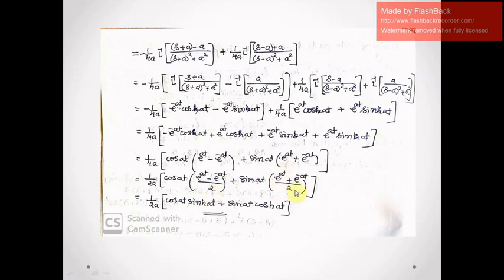This is the formula for cosh at, same formula but with a plus here, e power at plus e power minus at by 2. So I'll substitute sinh at here, and cosh at here, so that I have 1 by 2a into cos at sinh at plus sin at cosh at.